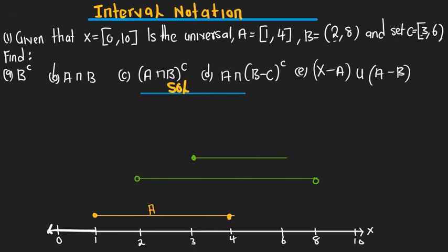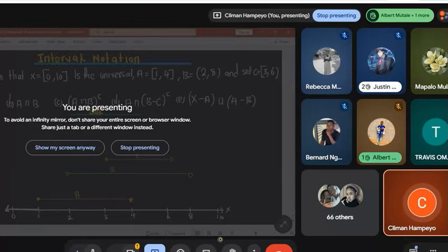We close there, we open here at 6. So this was our set B. This was our set C. Okay, thumbs up with the presentation. Are we clear with the presentation?